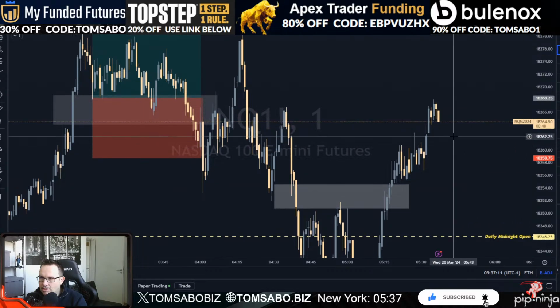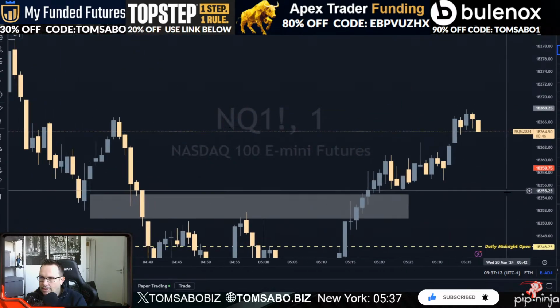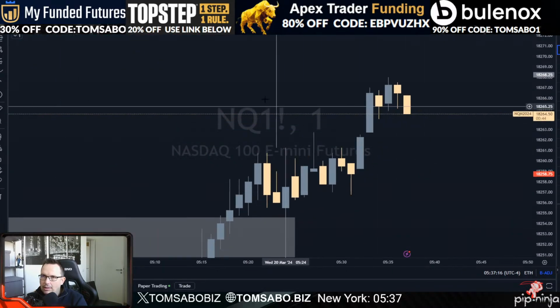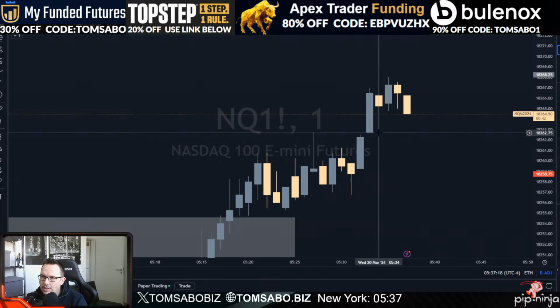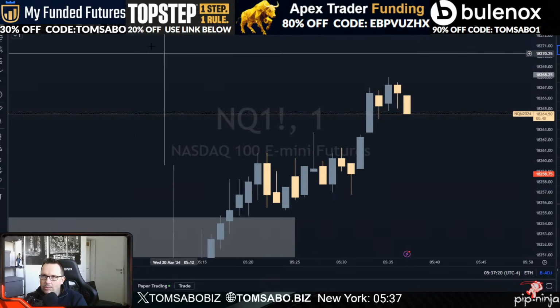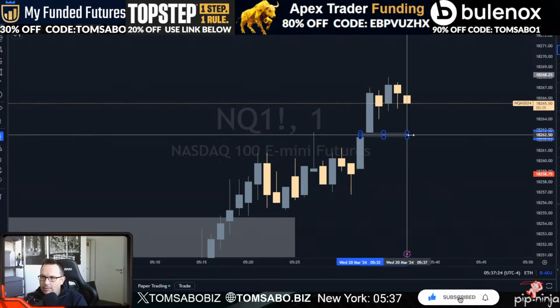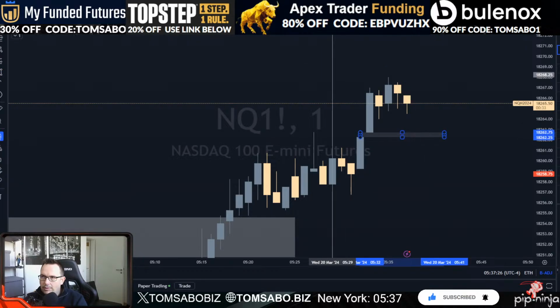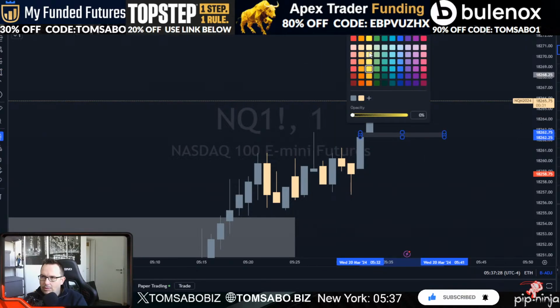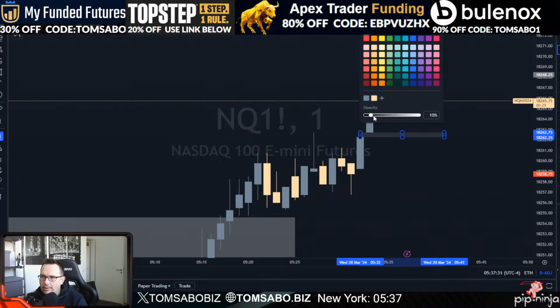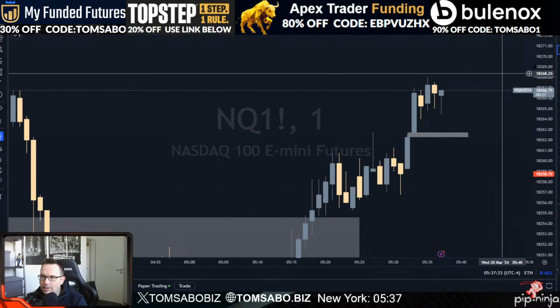Look at this. There is a small liquidity void, very tiny, like 62. It's like 2 ticks right here. No, there you go. So 2 ticks, liquidity void down there.